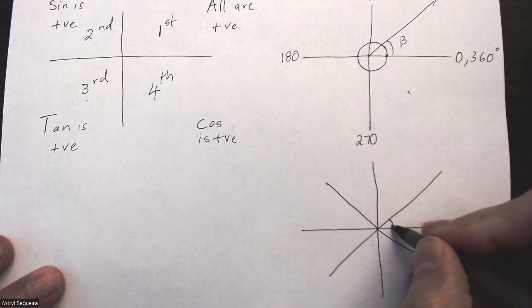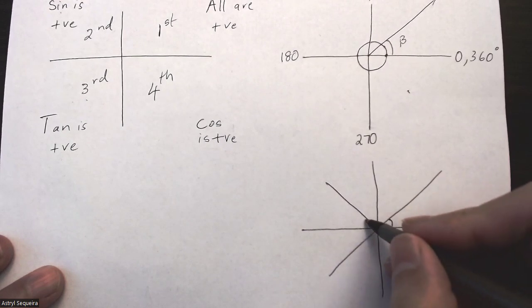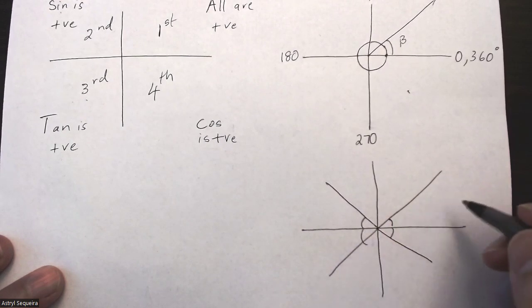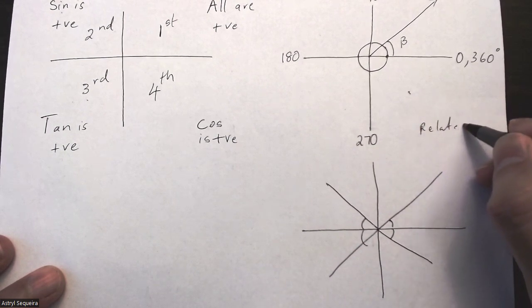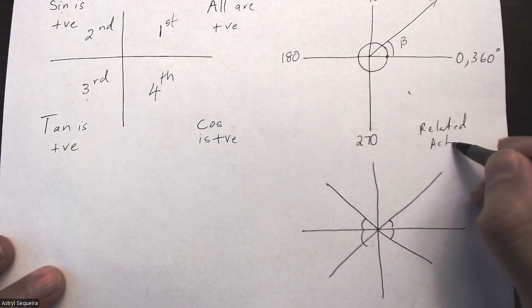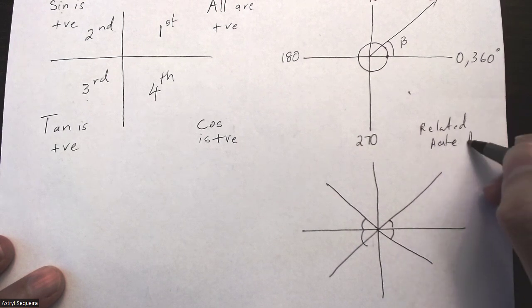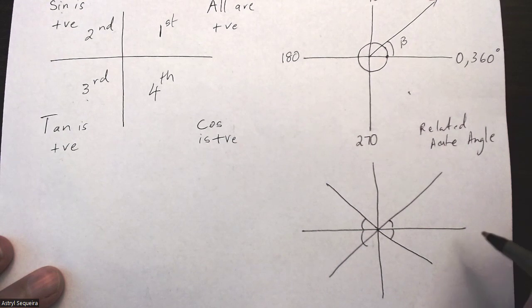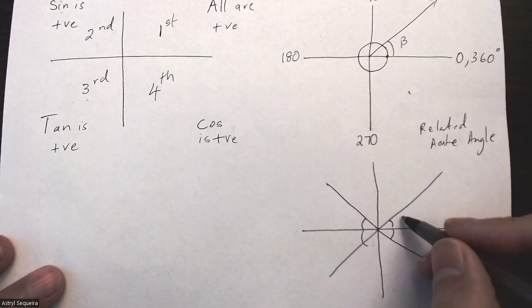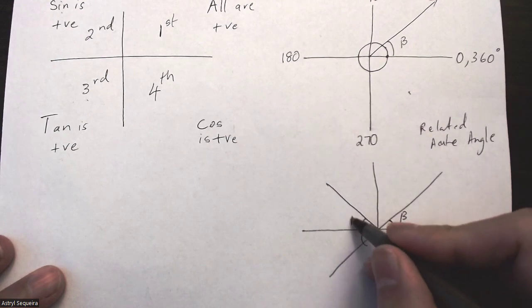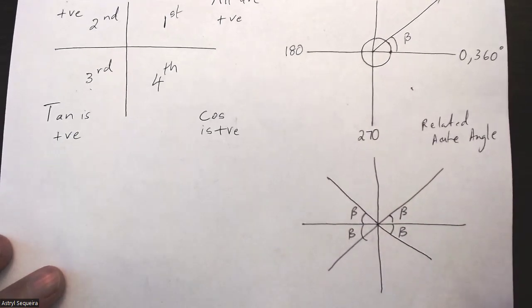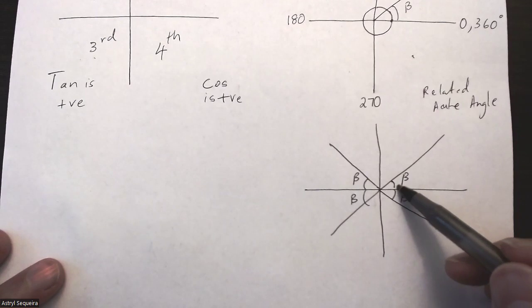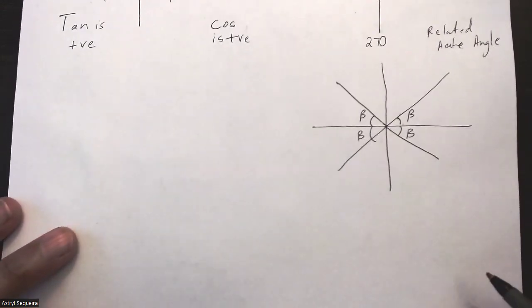Now this tiny angle over here, no matter what quadrant you're in, is called the related acute angle. Again, it's an acute angle because it's less than 90 degrees. It's represented by the symbol beta. If I want to go from here to here, I'm going to find my principal angle.